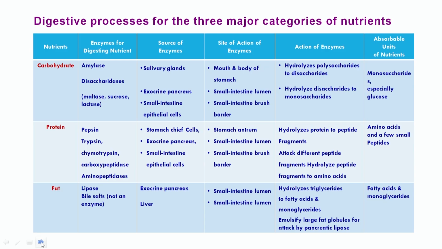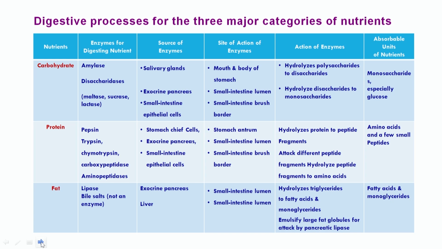So this is the table where you can refer to the different nutrients, how they are being digested, what the enzymes involved are, what the source of the enzyme is, what the site of action of the enzymes is, what the action of the enzymes actually is, and then the absorbable units of the nutrients for all three nutrients, that is carbohydrate, fat and protein.